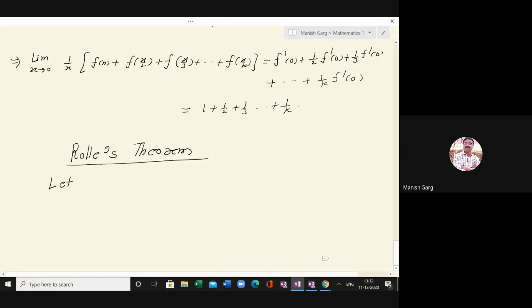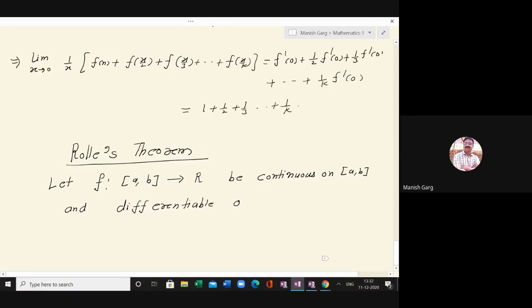First I am writing the statement of what it says. Be careful, read carefully. Let f be a function, continuous on the closed interval [a, b] and differentiable on the open interval (a, b).